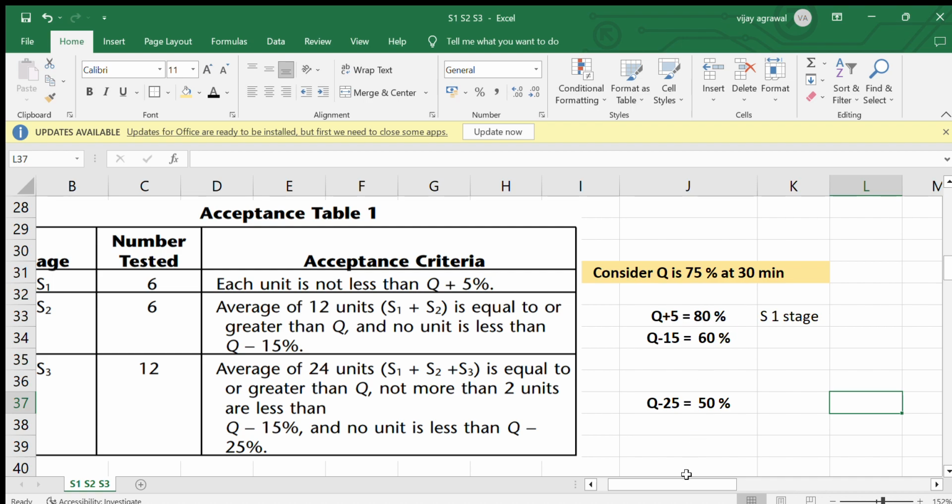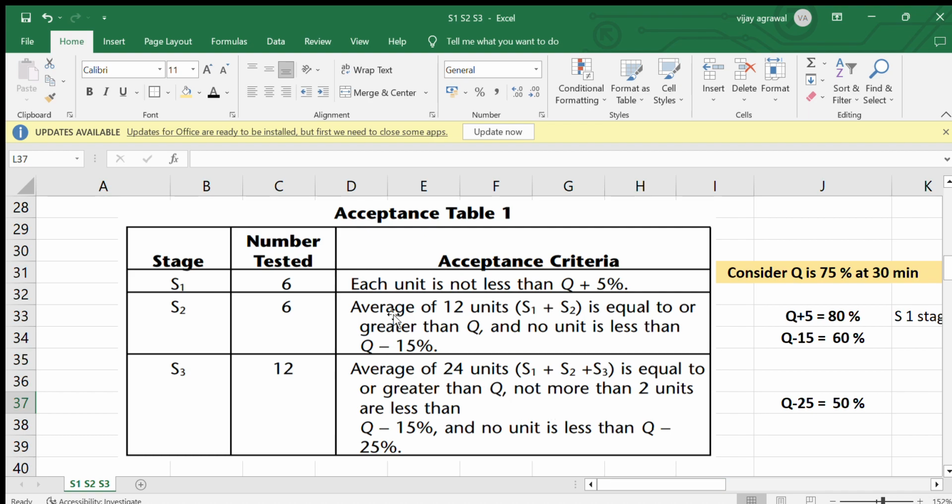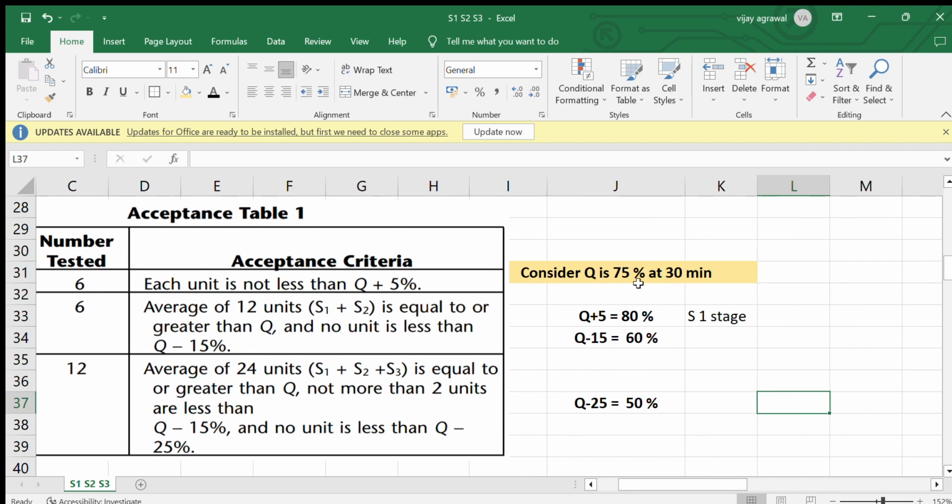S2 stage. And this S2 stage says that the average of 12 units, that is S1 and S2, is equal to or greater than Q. Now you have Q equal to 75%.